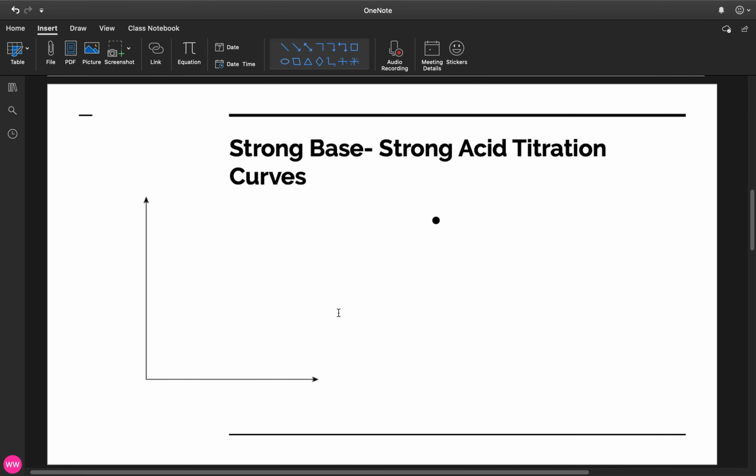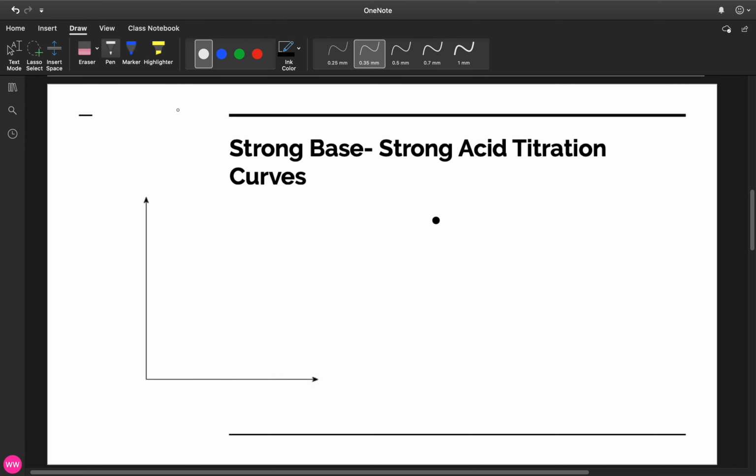First things first, our strong base, strong acid titration curves. Just as a quick reminder, a titration curve is where we plot the pH versus the volume of the titrant added. So in this case, it's going to be the volume of the acid, usually in milliliters.